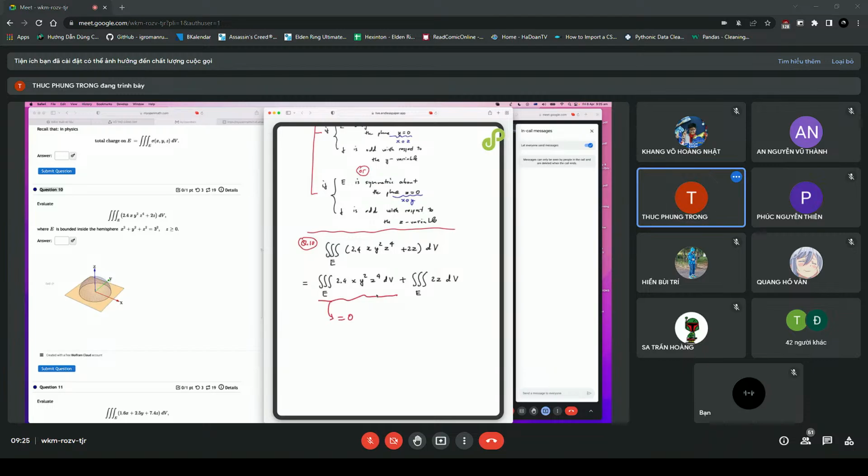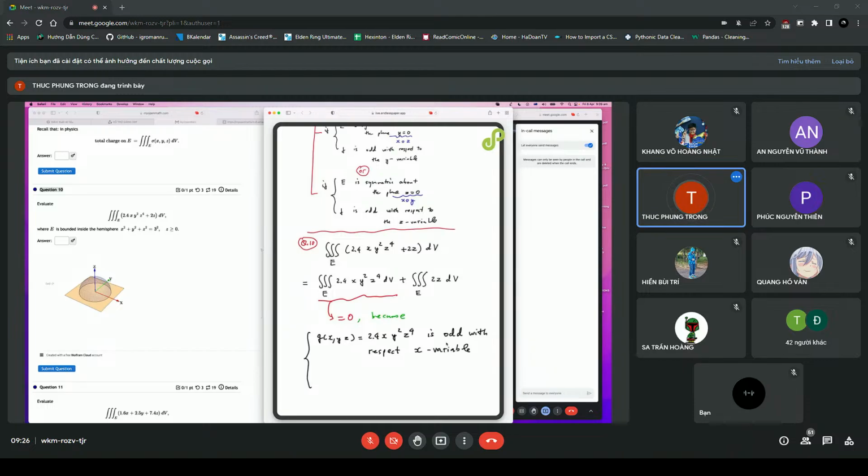Why? Because we had two things, right? First, the function, maybe I use the letter z, is odd with respect to s, right? Do you see that? When you put minus s in here, the output should be minus of what you have with s, not the same.